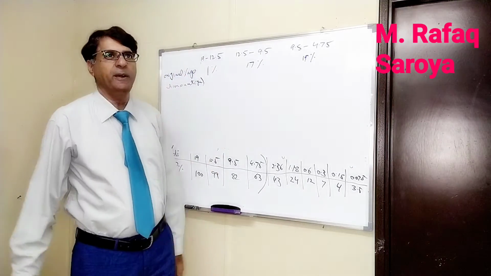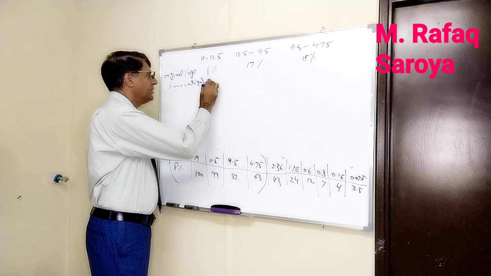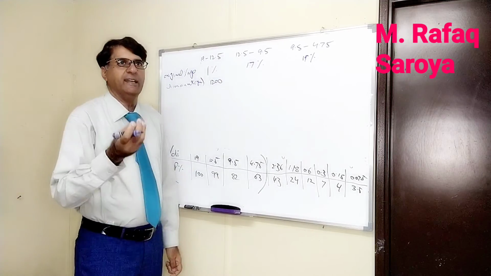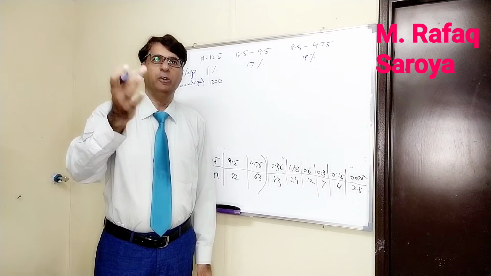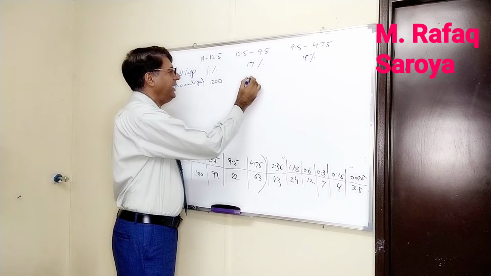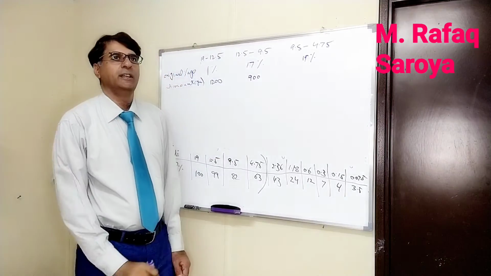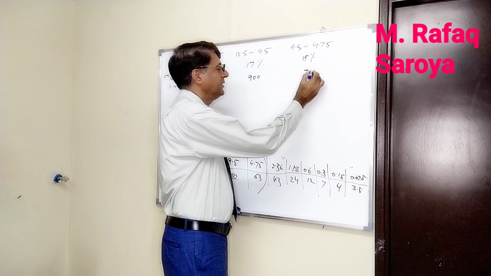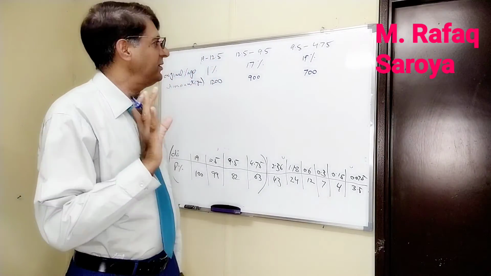This is a bigger particle, so suppose 1200 gram of the material is taken as a sample in order to check flat and elongated. Similarly, over here, 900 gram of this material is taken, and after that, 700 gram of this material is taken.